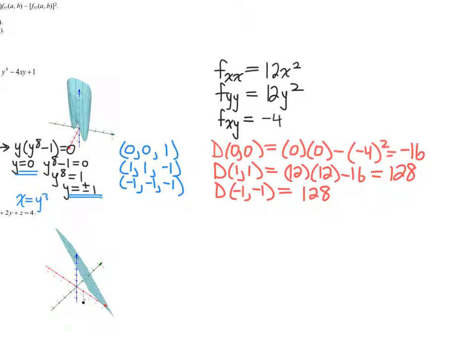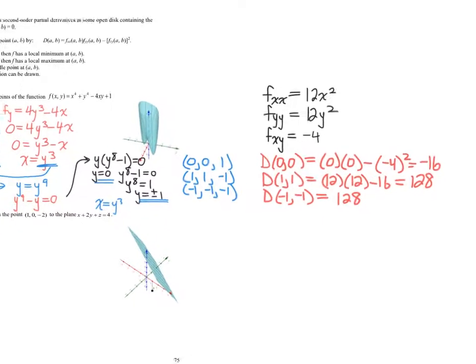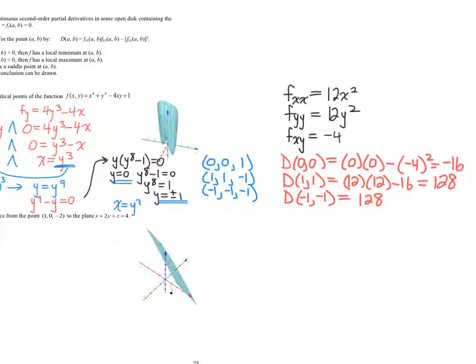Yeah. All right. So, looking at my conditions, I always go for the saddle point first. Saddle point is the easiest one to identify. If your discriminant is negative, then you have a saddle point. So my saddle point is at 0, 0, 1.